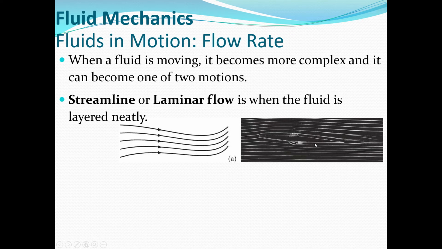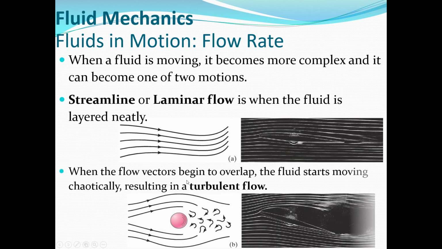So this diagram here is a wing within an air tunnel. You can see the air just neatly going over it, coming in and underneath, as opposed to a turbulent flow. Turbulent flow happens when the fluid starts to overlap itself, and you end up getting a very chaotic result.